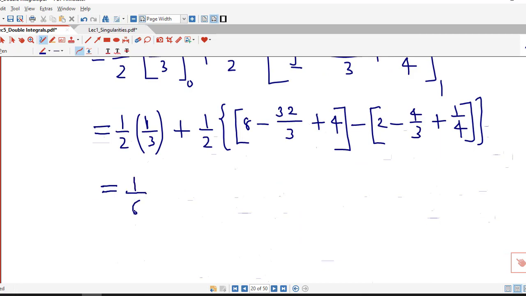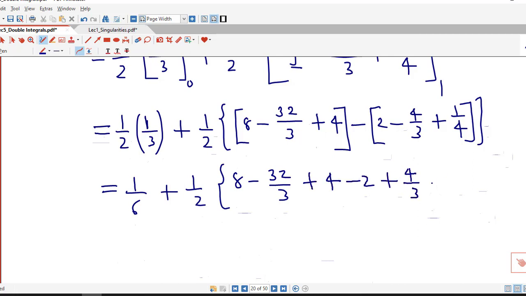This is going to be 1 by 6, we keep 1 by 2 outside, and if we expand this second bracket, it is minus 2 plus 4 by 3 minus 1 by 4.